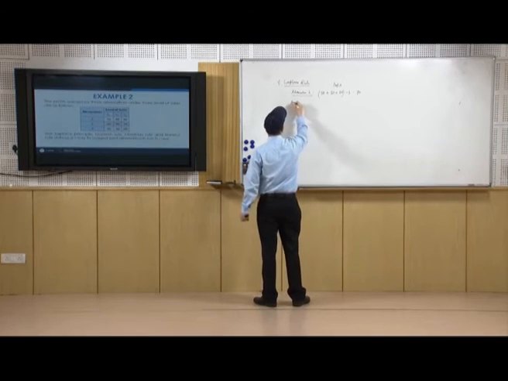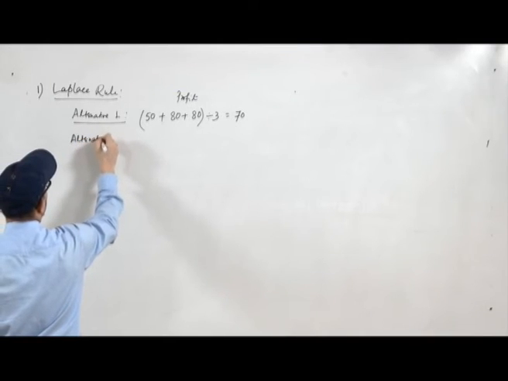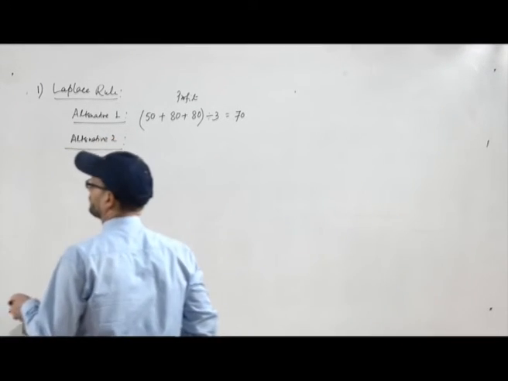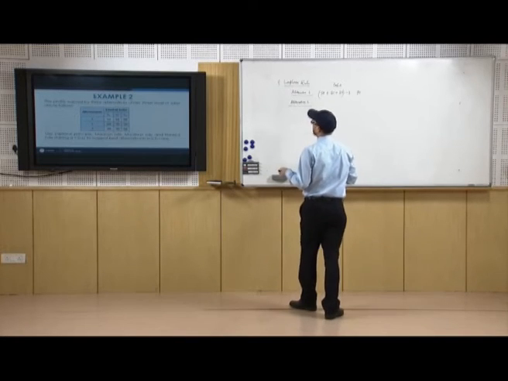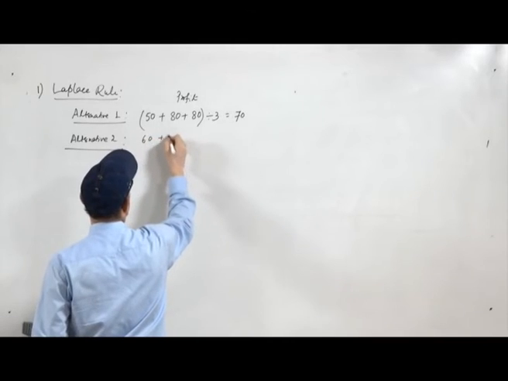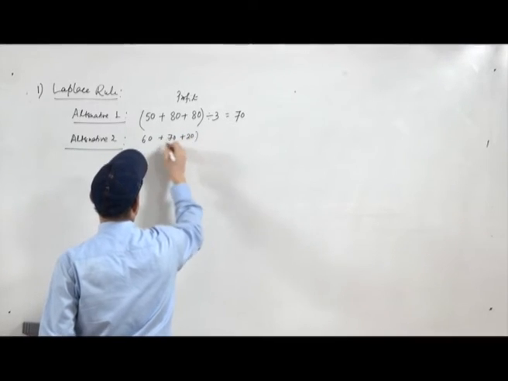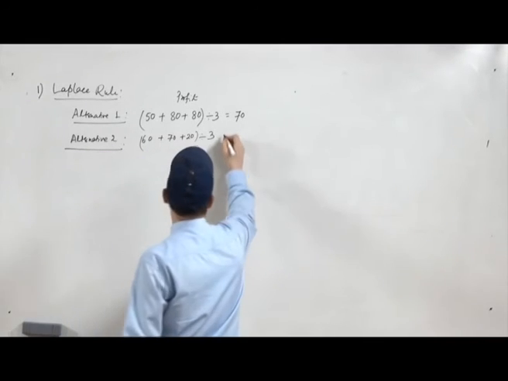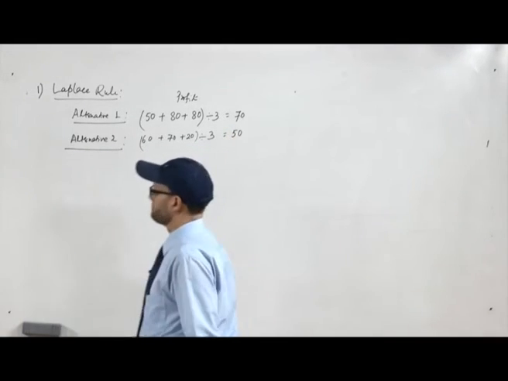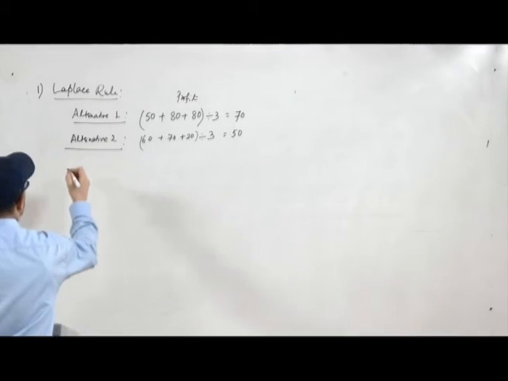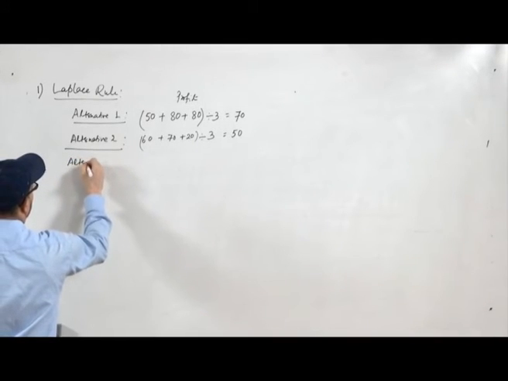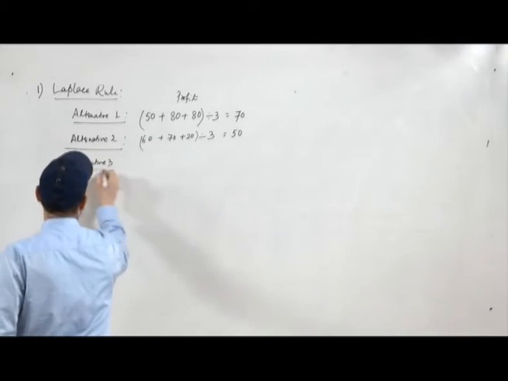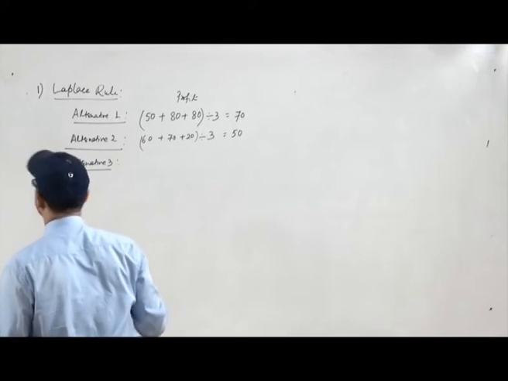Similarly, for alternative 2, you are given equal weightage. So, it will be 60 plus 70 plus 20 divided by 3. So, it will be 150 by 3, that is 50. You go to alternative 3, and in alternative 3 again you have 90, 30 and 60.